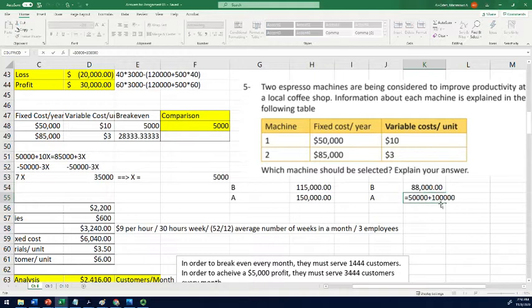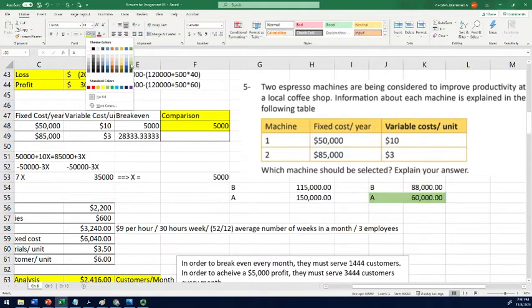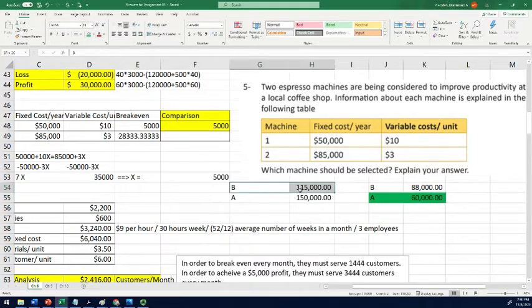And then here 1,000 again for machine A. As you see in here, by reducing the number of units to 1,000, you will see that machine A should be selected. I'm going to highlight it with a green here. Okay, but however, if we're selling more than 5,000, machine B should be selected.